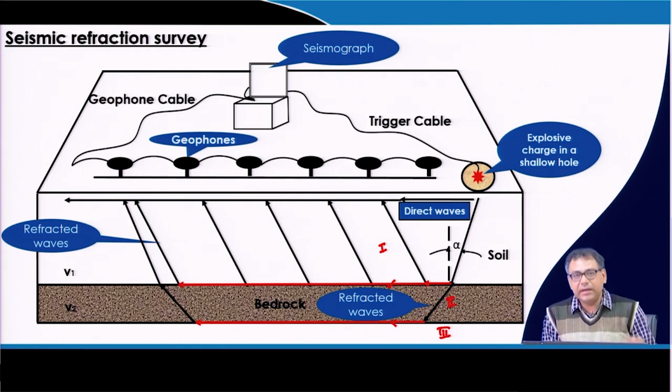So, if there is a two layer system, we get one refracted ray and one direct ray, but we only need to measure the first arrival time of the wave. If there are more than two layers, then there will be more than one refracted ray.